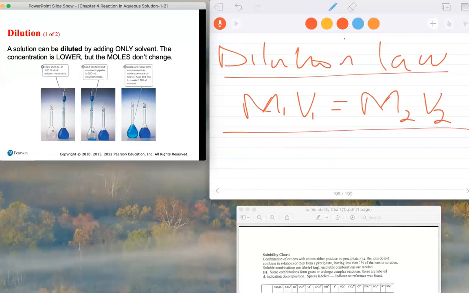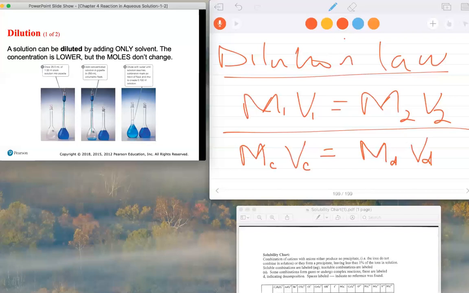Sometimes this equation is written as M concentrated times V concentrated equals M dilute times V dilute. These two equations are the dilution equation or dilution law. It is bringing down a concentrated solution to a less concentrated, or dilute, solution.